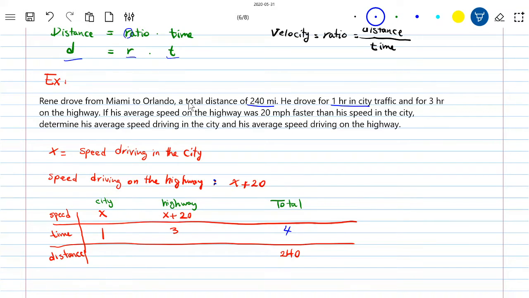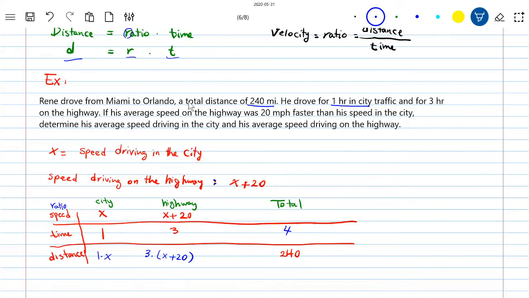Distance, how do you calculate the distance? Distance is the speed times time, or ratio if you want. We call this a ratio, r times t, so x times 1 is x. The distance covered on the highway is ratio times time, so here 3 times x plus 20.